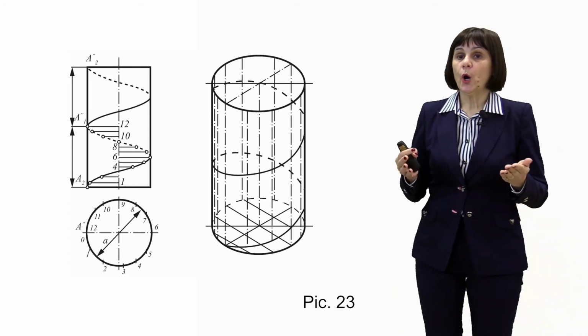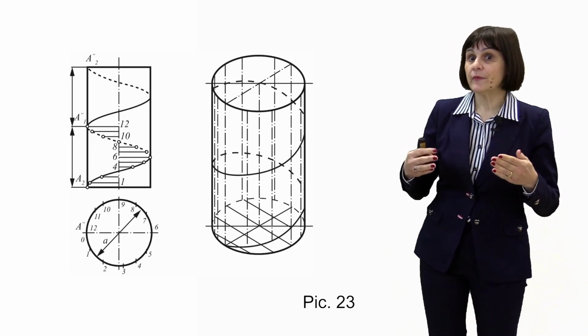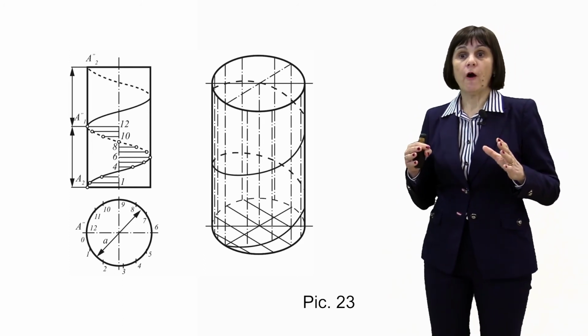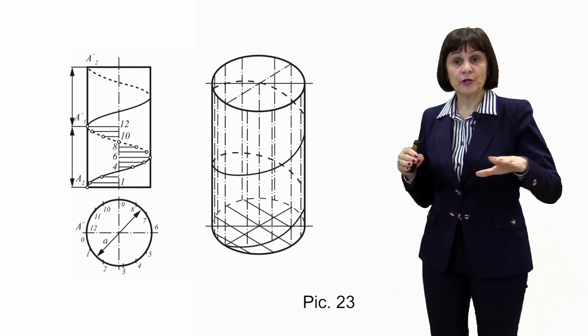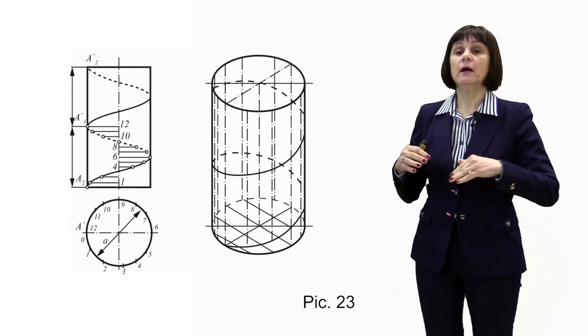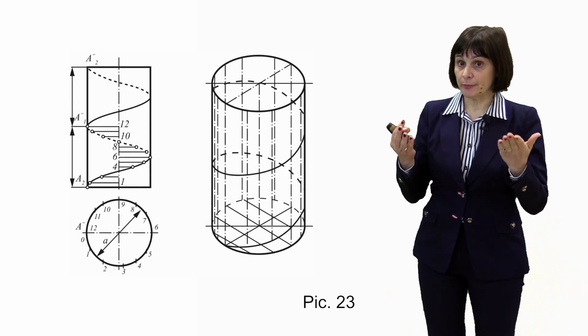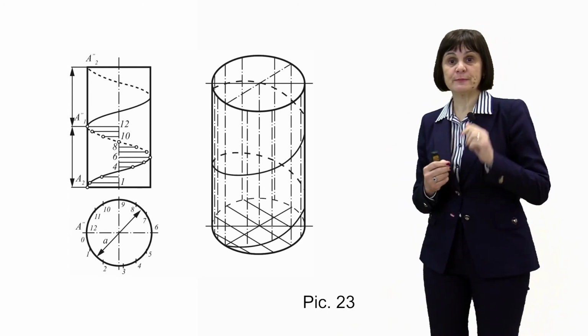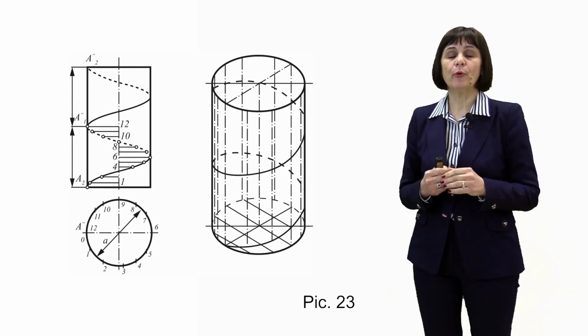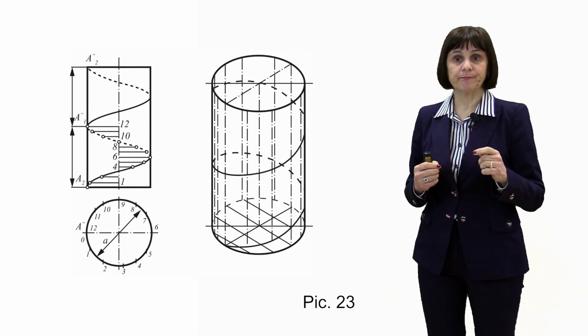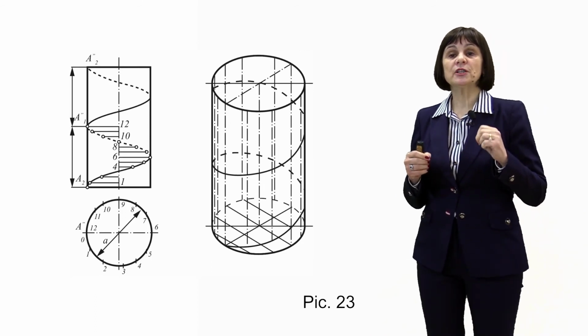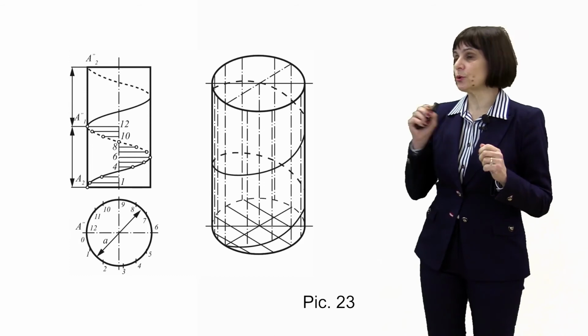Now, we need to project each point from the horizontal projection plane onto the frontal projection plane. So our first point is point A. It is marked with number 0.